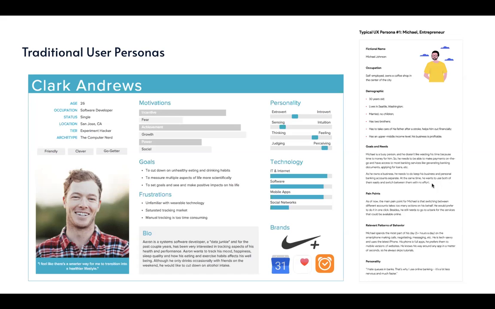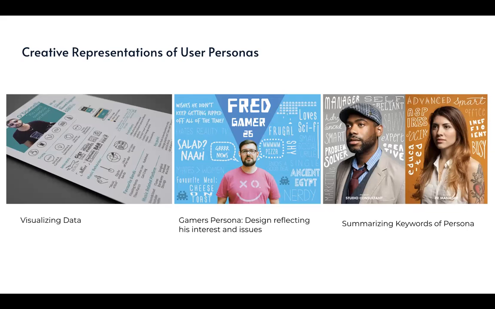In the next slide, you can see a more creative way of representing user personas. In the first one, from your left, you can see it's more visualizing data. There are a lot of icons used, and this is preferable for some people. In the middle, you can see a user persona for a gamer.